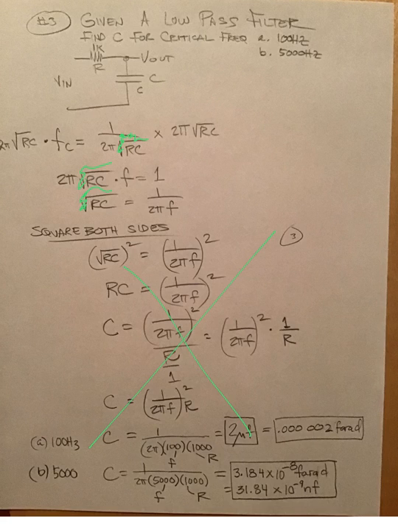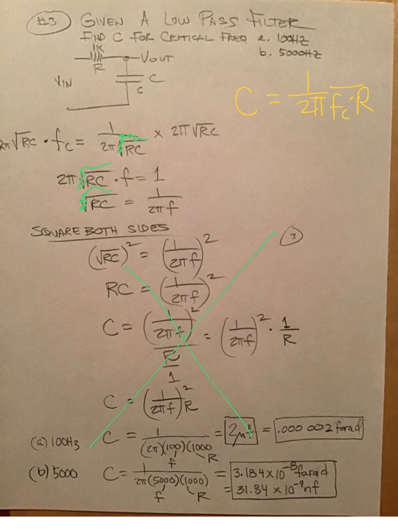You'll be able to solve for, here we go, we're trying to get the capacitor, right? So I'm going to give you the answer right here. C is 1 over 2 pi R times F sub C. There we go.